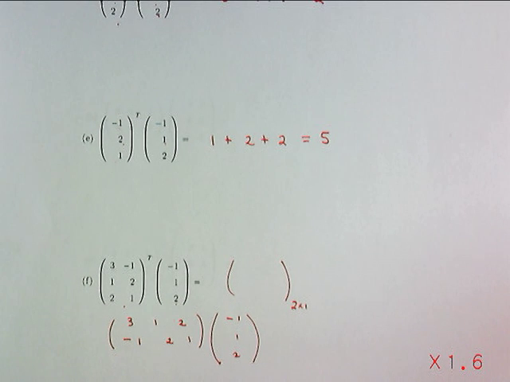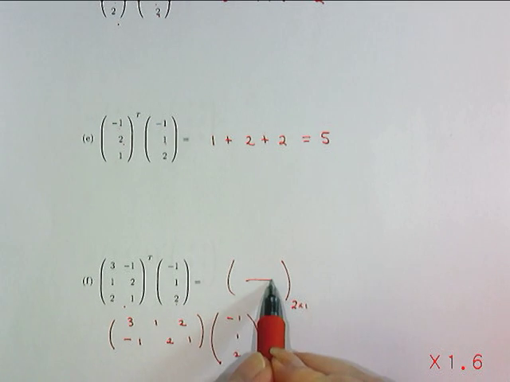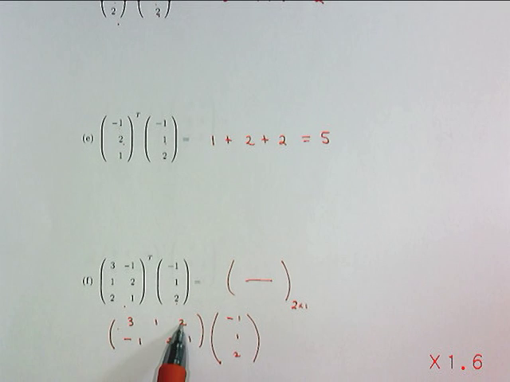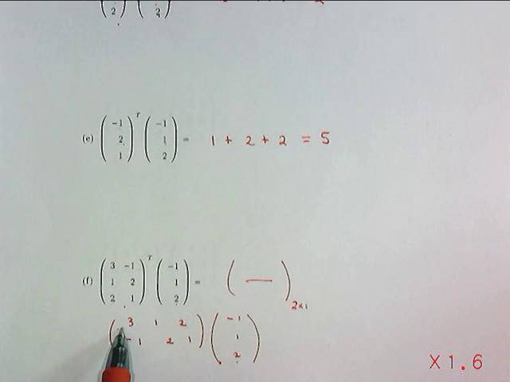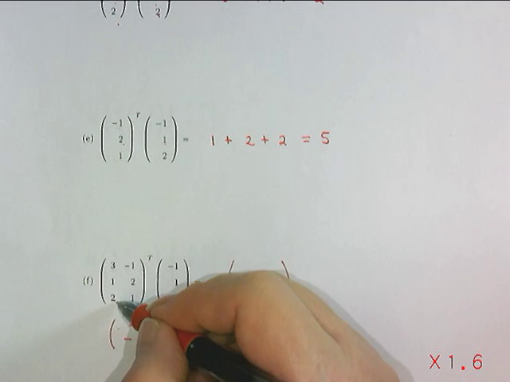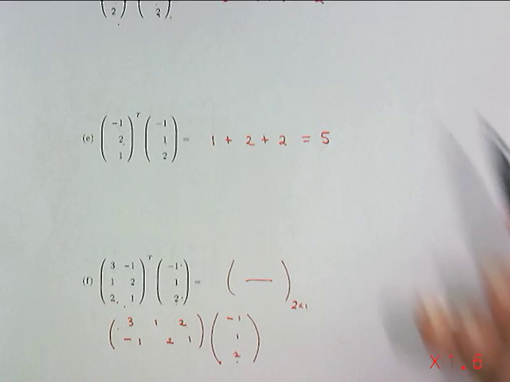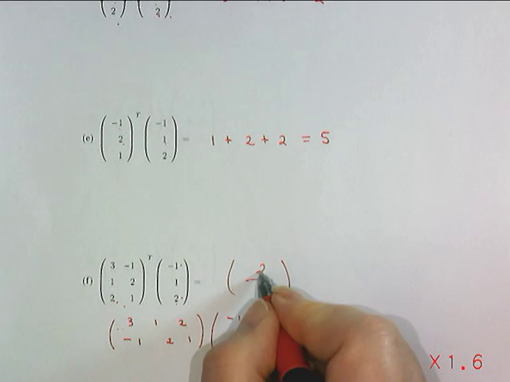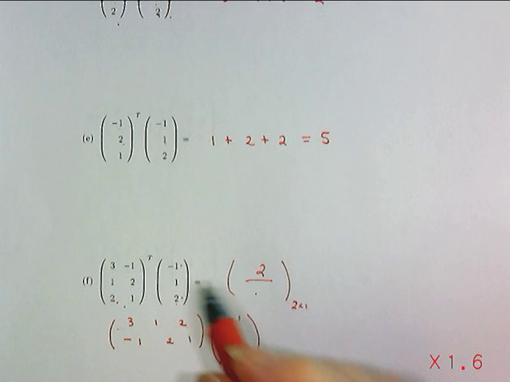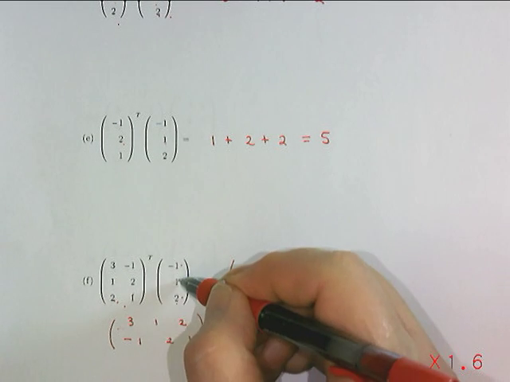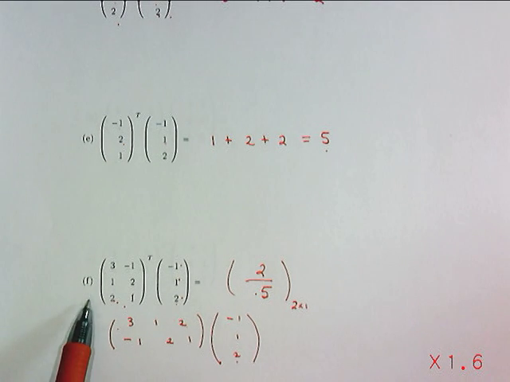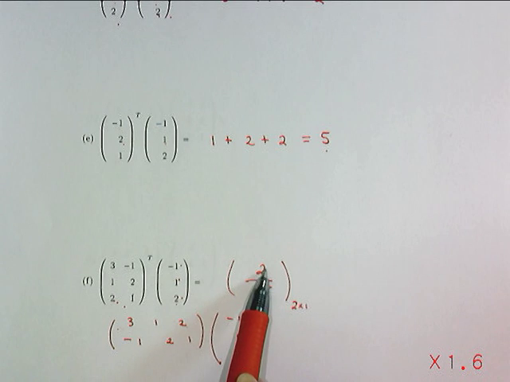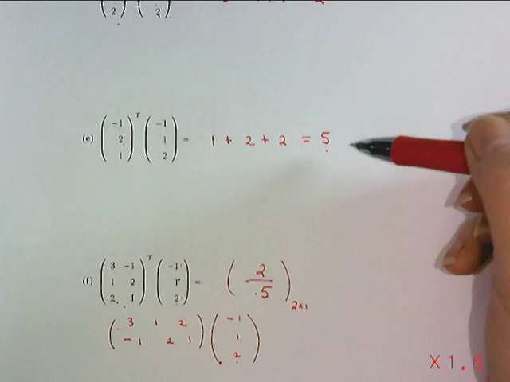The way to get it is that the first component is going to be the first row of this matrix times the vector, but that's actually the first column. So it's the dot product of the first column here with the vector. Oh, I already calculated that in part D. That was 2. And the second component here will be the dot product of the second column with the vector. I already calculated that. And so the result is going to be the vector with components 2 and 5. I saved myself some arithmetic.